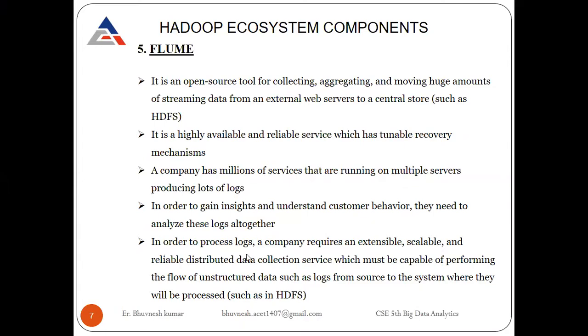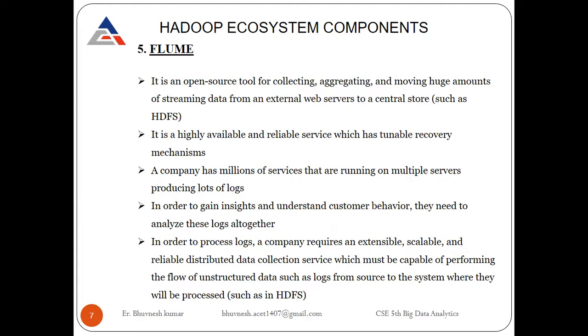Last point is, in order to process logs, a company requires an extensible, scalable, and reliable distributed data collection service, which must be capable of handling a flow of unstructured data. Okay, the flow of unstructured data should be completely injected into your HDFS.